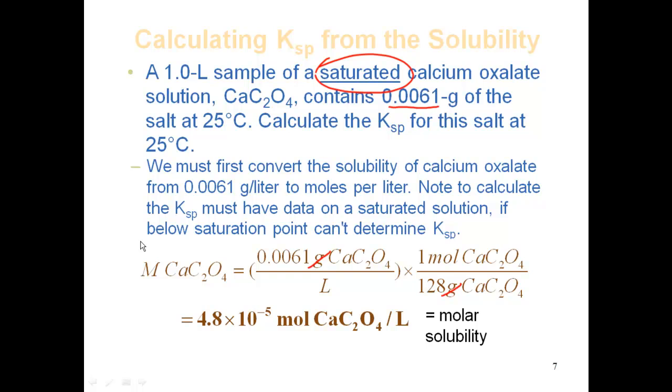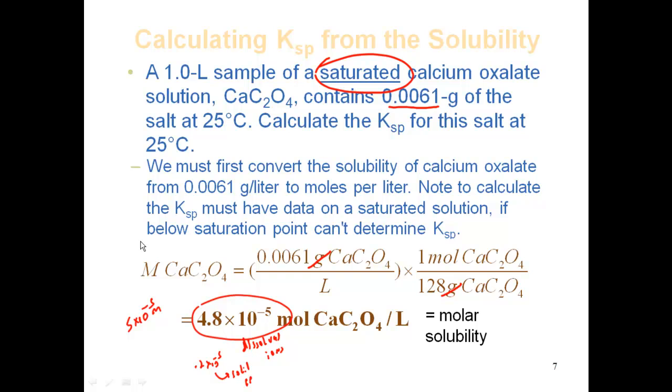Say for argument's sake I had 5 times 10 to the negative 5th molarity of calcium oxalate that I was going to put in solution. 4.8 times 10 to the negative 5th will be dissolved as ions. The rest of it, the other 0.2 times 10 to the negative 5th, will be a solid.